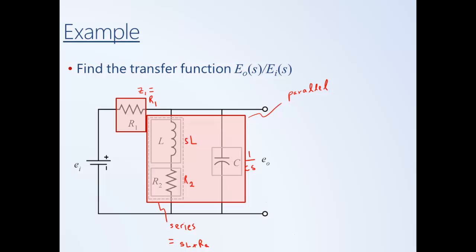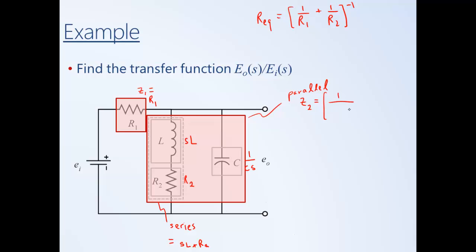And if we recall, the equivalent resistance of two resistors in parallel is the inverse of each individual resistance, summed together, and then the inverse of that complete sum. So I will call the equivalent impedance of these two branches in parallel Z2.